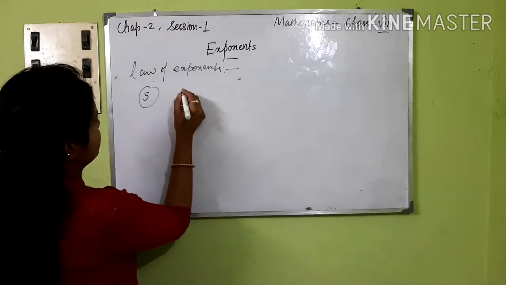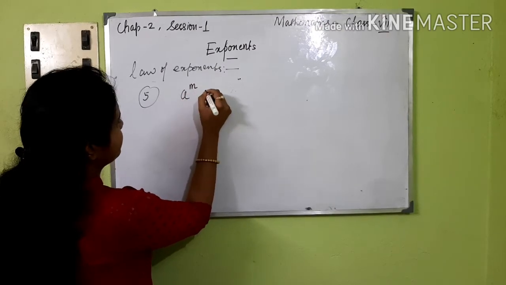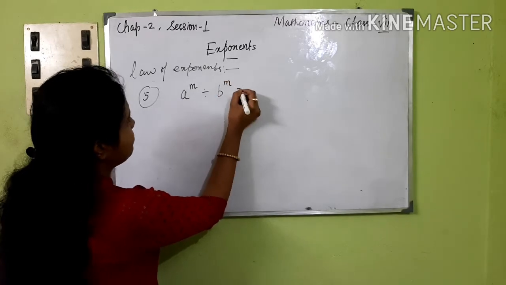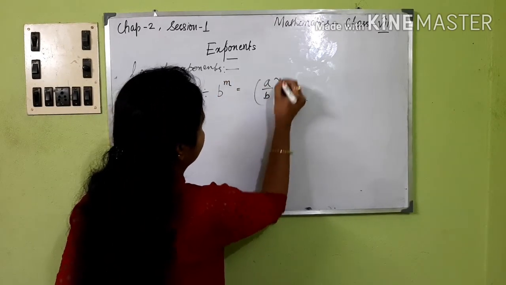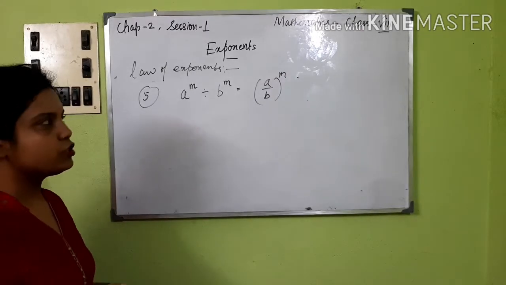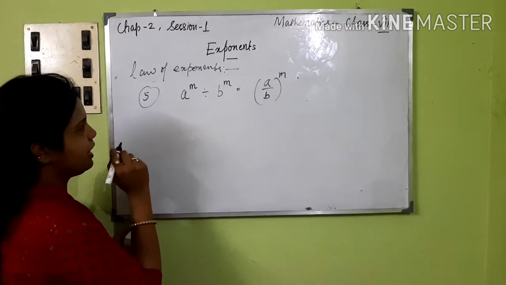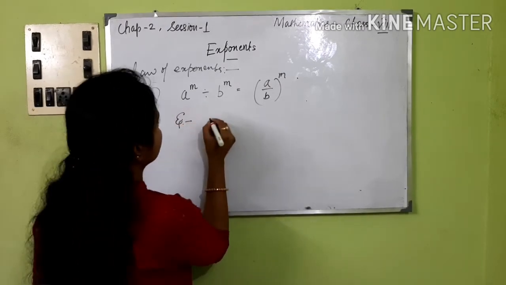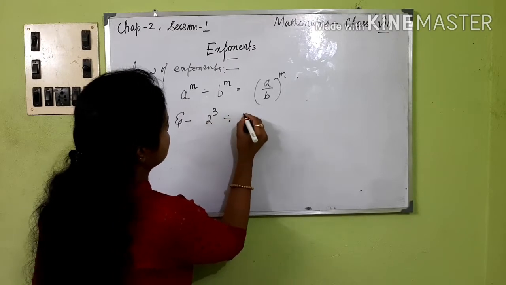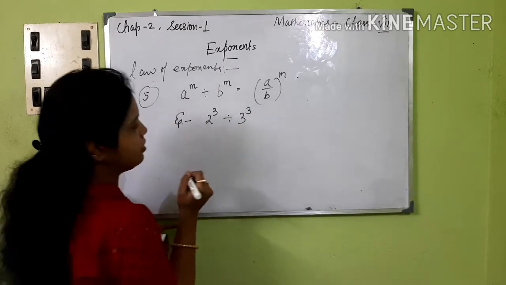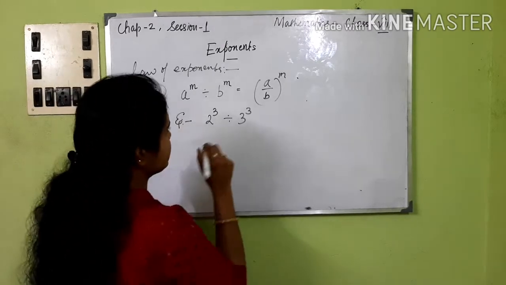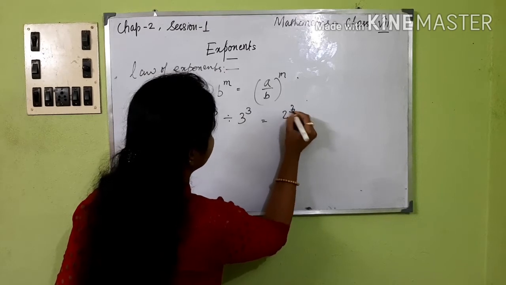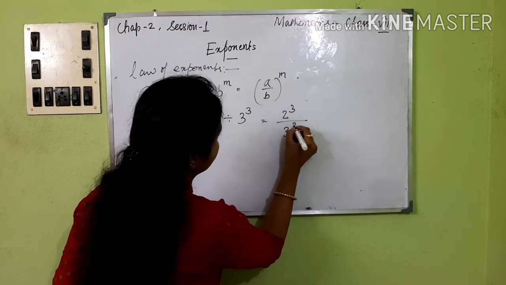Next, fifth rule. A to the power m divide b to the power m, that will give you a by b whole to the power m. Okay, so let's take 2 to the power 3 divide 3 to the power 3.